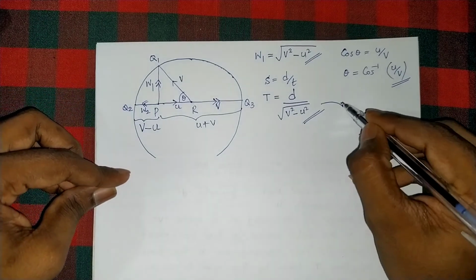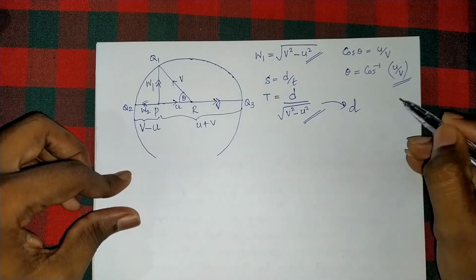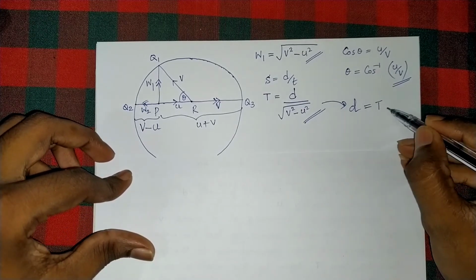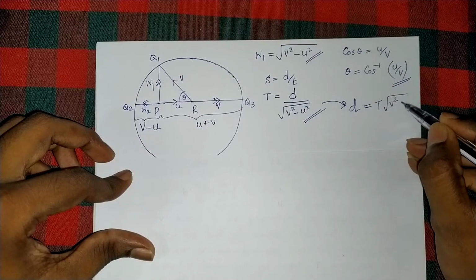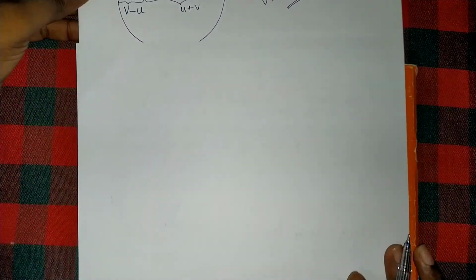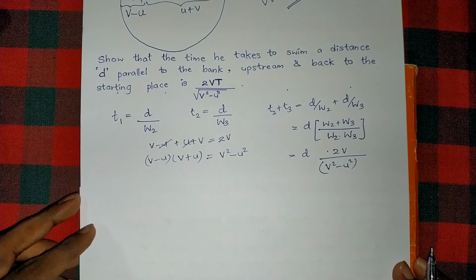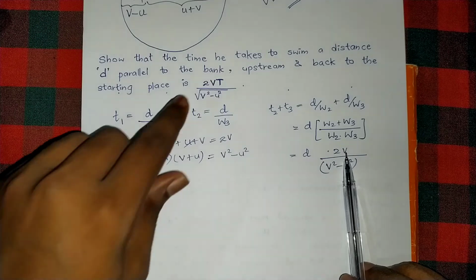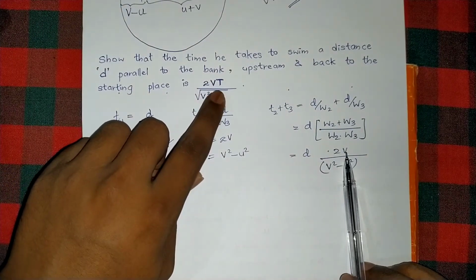So when we take D out, that means if I make D the subject, I have T into square root V square minus U square. So in this answer we don't have D.